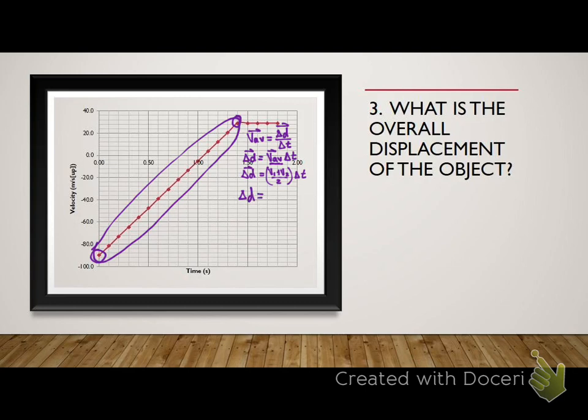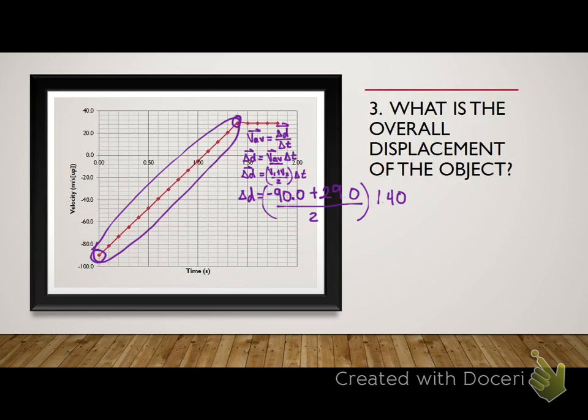So I know that my V1 is negative 90, because that's where it crosses the y-axis, 0.0, plus 29.0, and then I'm going to divide that by 2. The 2 doesn't factor into significant digits. And then I'm going to multiply that by my time period, which is going to be 1.4.